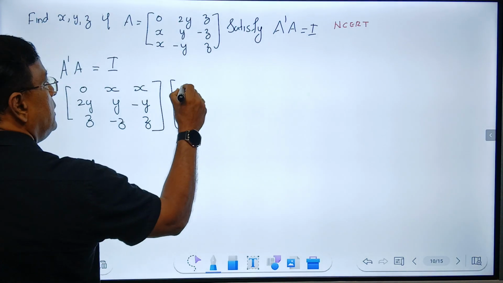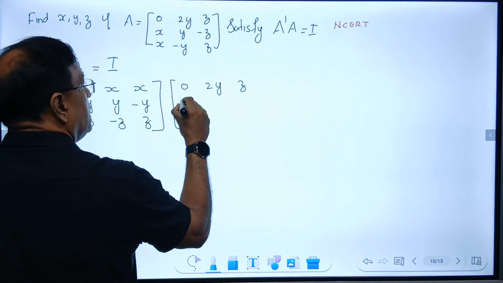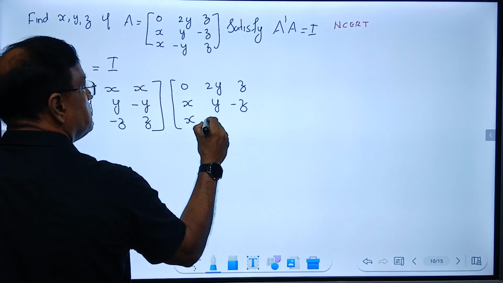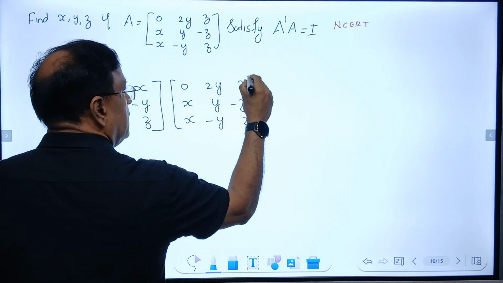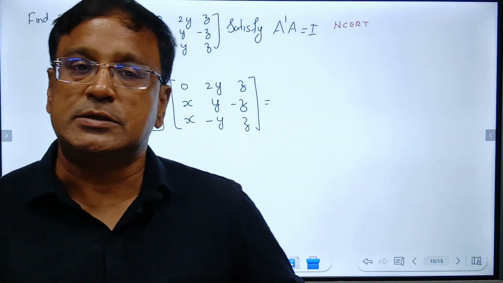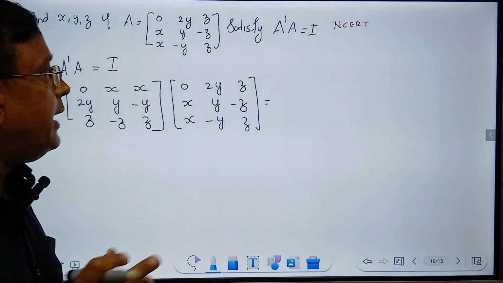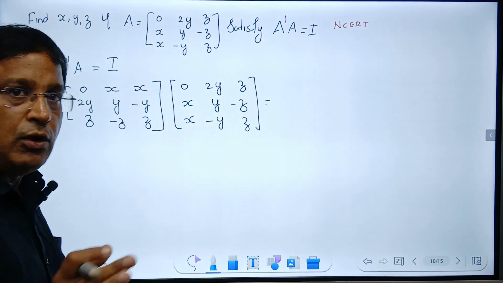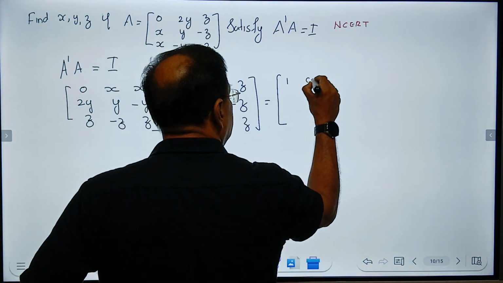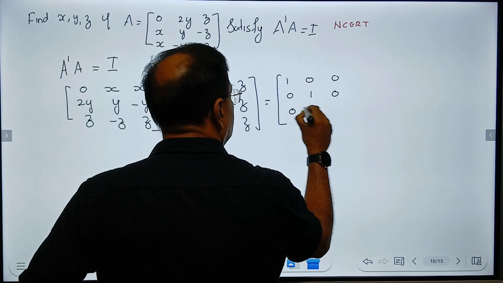Matrix A will be 0, 2y, z, x, y, minus z, x, minus y, z, equal to I, which stands for the identity matrix. Since the matrix A is of order 3, the identity matrix should also be of order 3 by 3. So what is the identity matrix of order 3 by 3? 1 0 0, 0 1 0, 0 0 1.